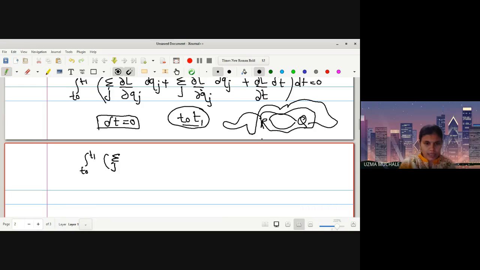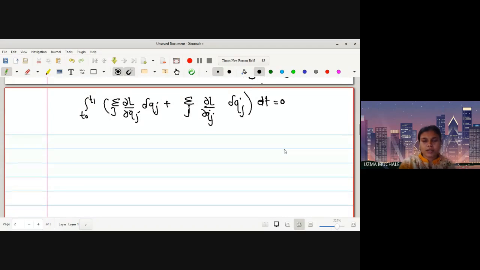Now the next step we can write: summation over j of ∂L/∂Qj δQj plus summation over j of ∂L/∂Qj dot into δQj dot, dt equal to 0. Correct? If δT is 0, the third term will be 0. Now let us find out the relation.